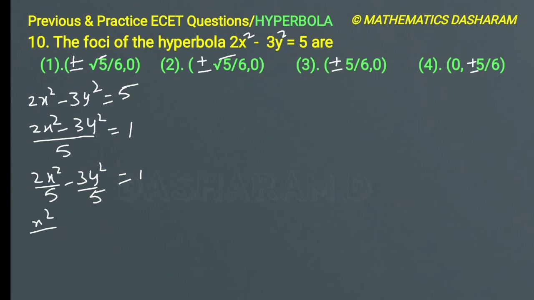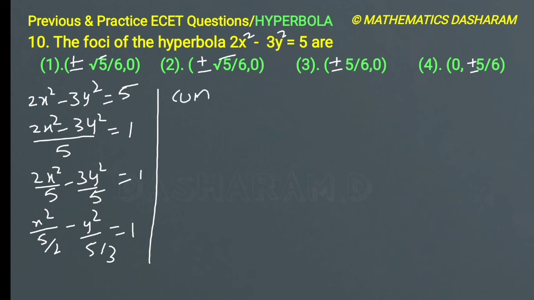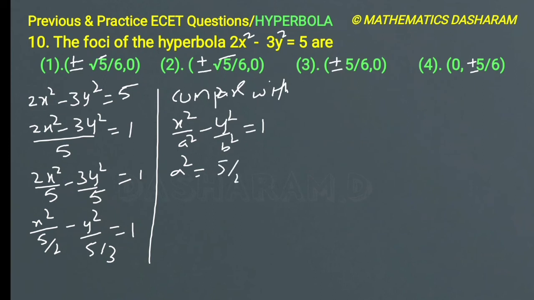Next, x square divided by 5 by 2 minus y square divided by 5 by 3 equals 1. So then compare with the standard form, that is a square equals 5 by 2. It implies a equals under root 5 by 2. b square equals 5 by 3.